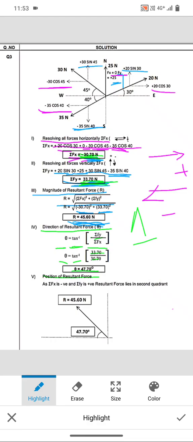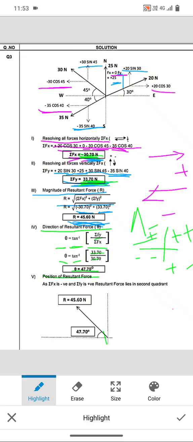If both are negative, it is in the third quadrant. In the fourth quadrant, summation Fx is positive and summation Fy is negative.